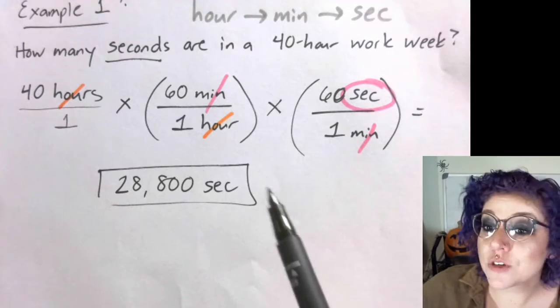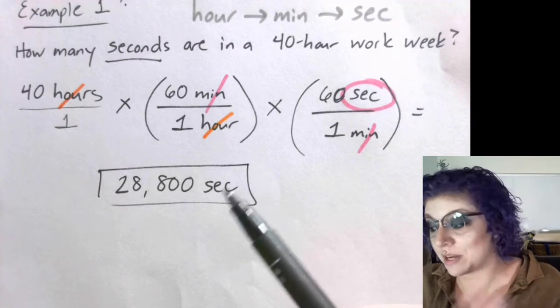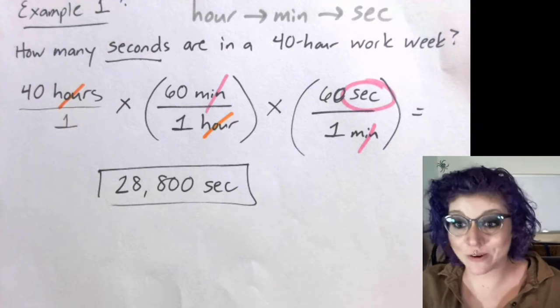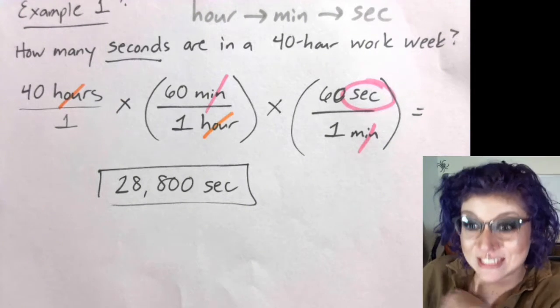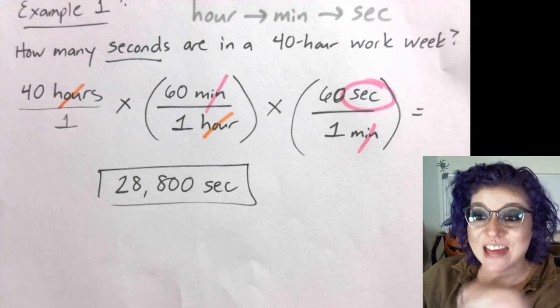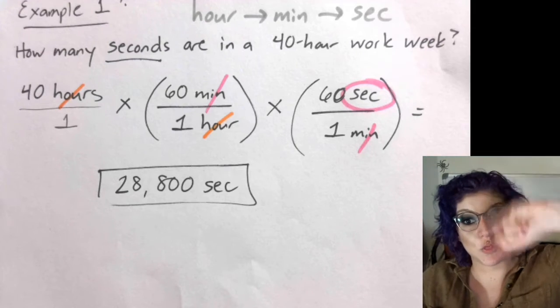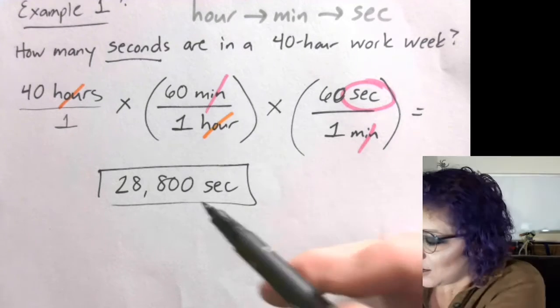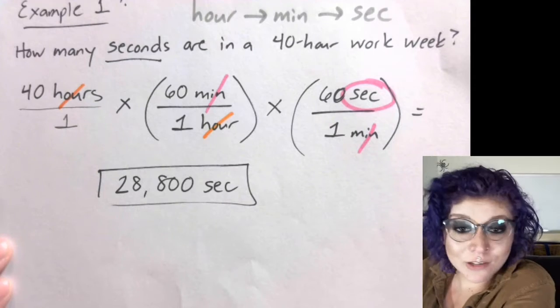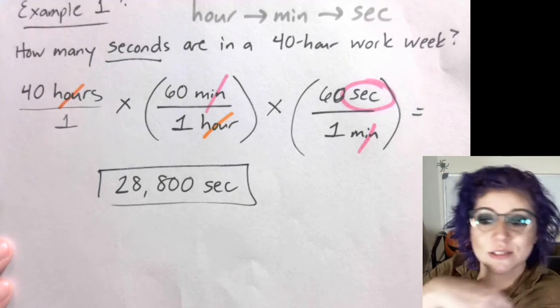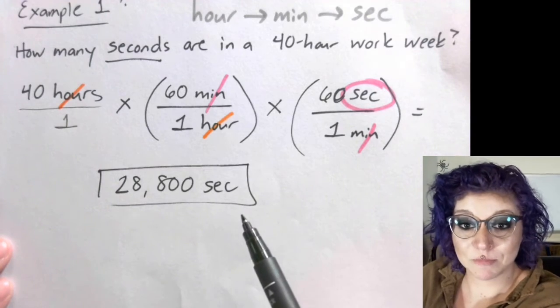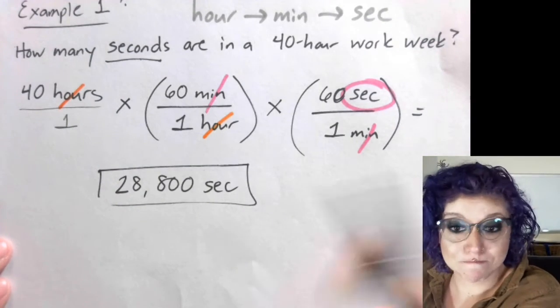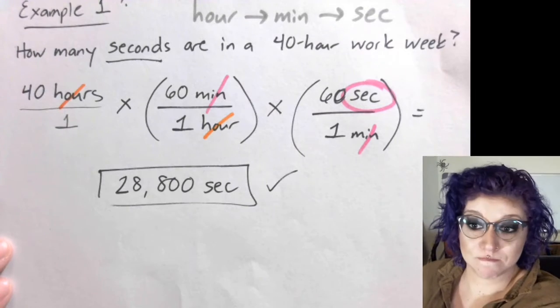So again, all this is just stepwise crossing out units. And I actually do recommend that you go through and physically cross out units, because at least for me, this is a way to make sure that I have it flipped the correct way. Side note, if on a quiz, test, whatever type of assessment, you gave me this as the answer instead of scientific notation, this is totally valid.